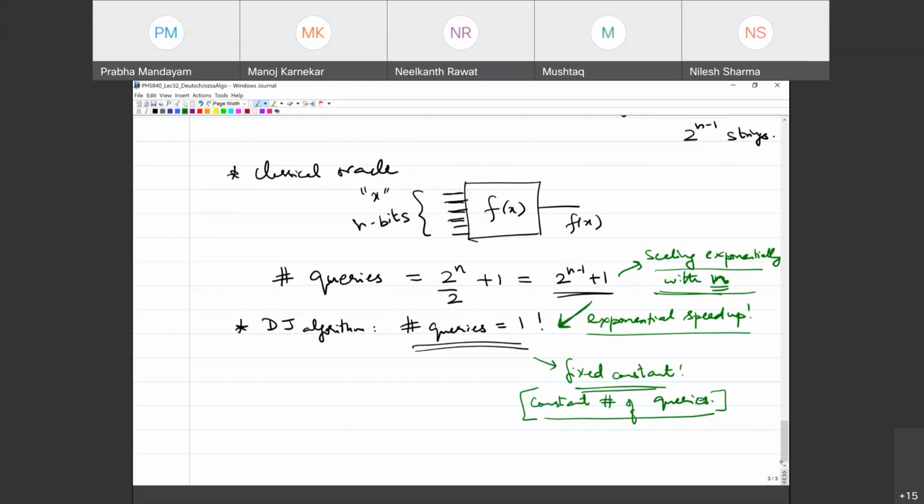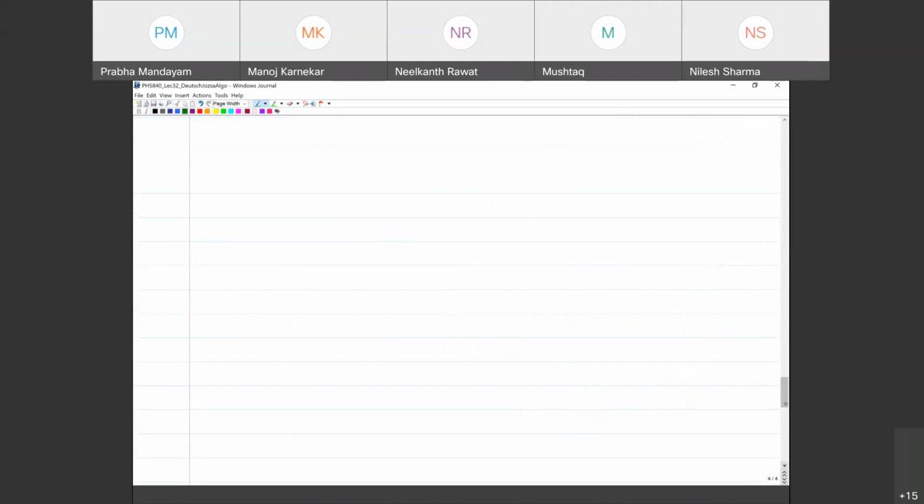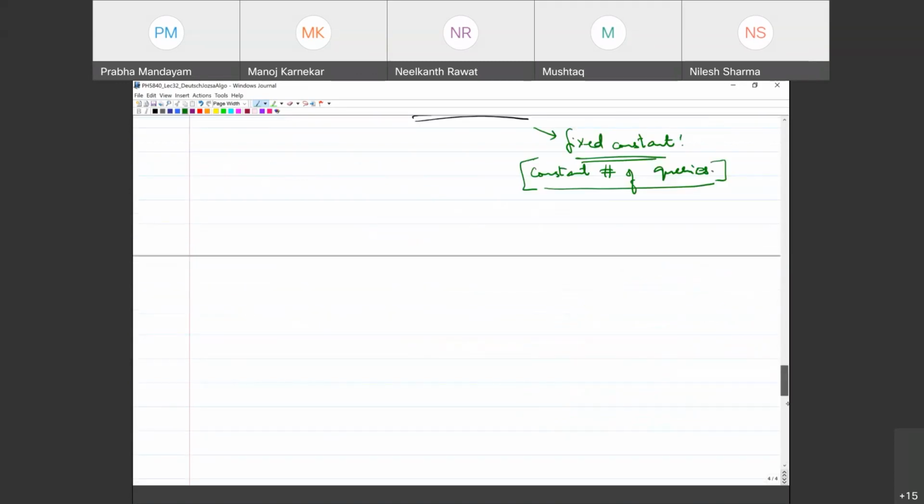So how do we achieve this exponential speedup? The construction of the oracle is exactly the same, right? So let's look at the steps of the Deutsch-Jozsa algorithm.